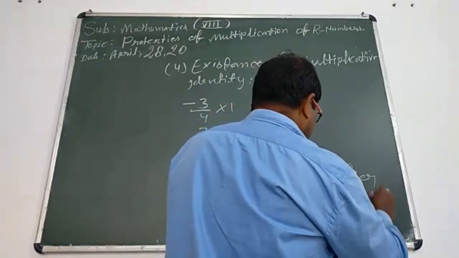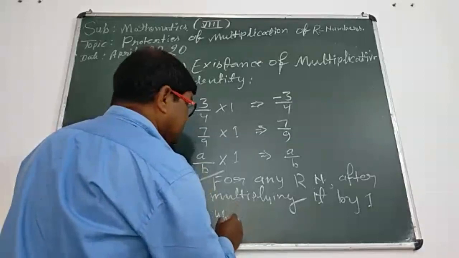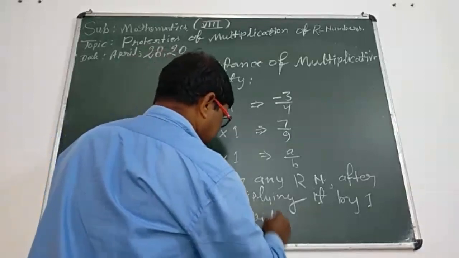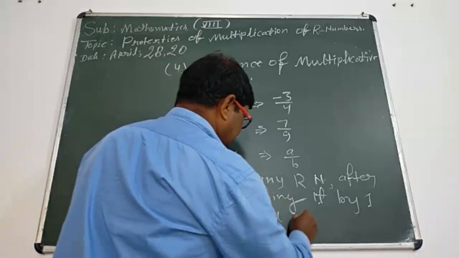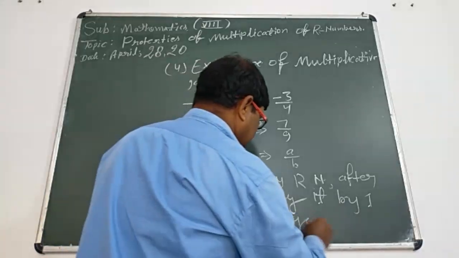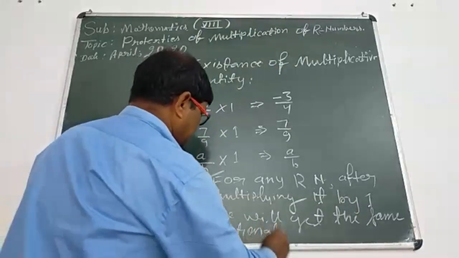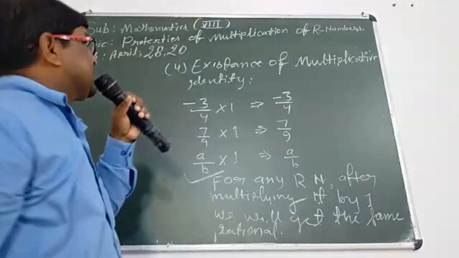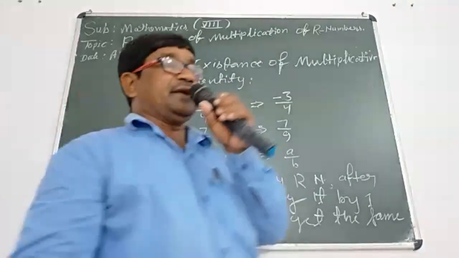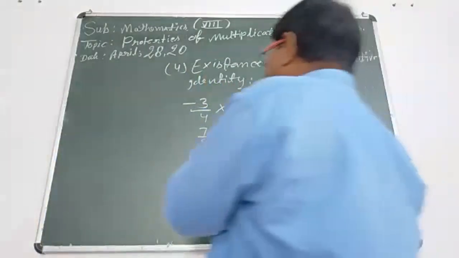That is called existence of multiplicative identity.